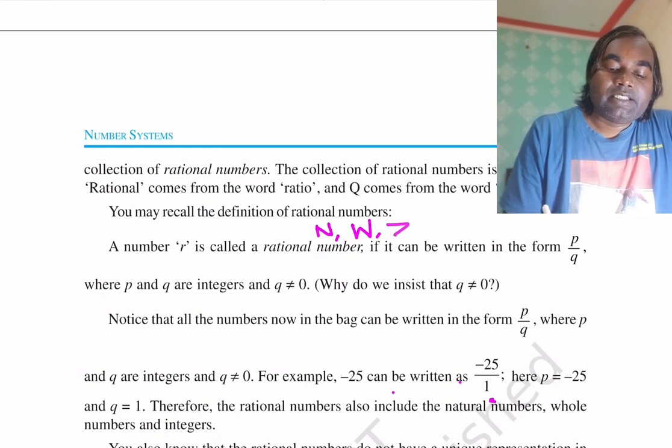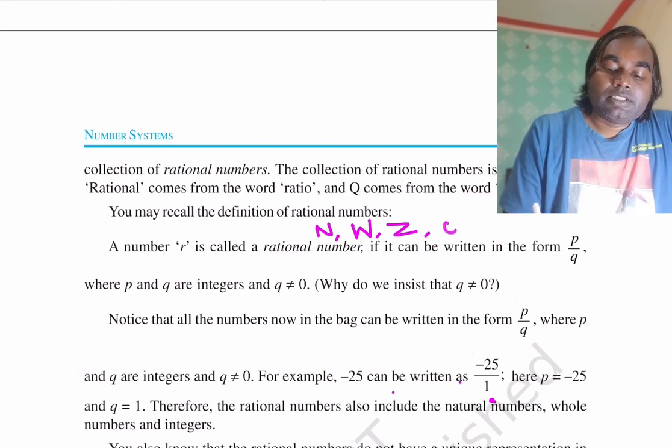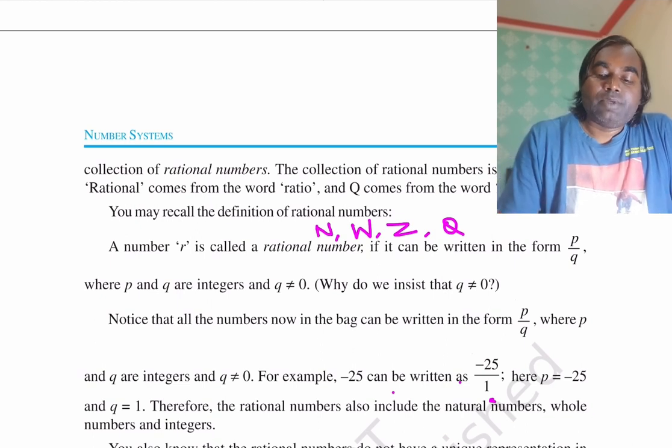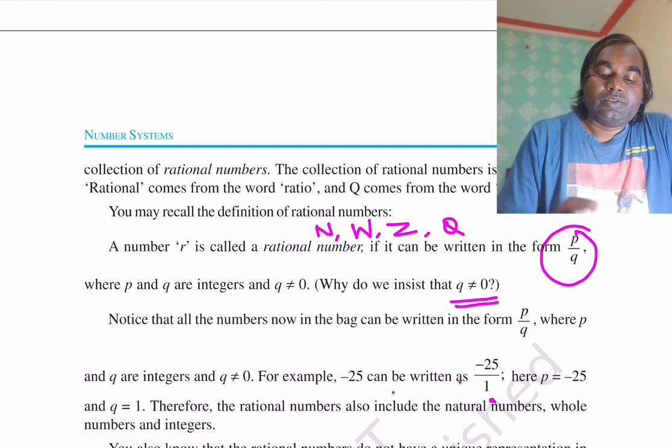For integers there was the symbol Z and for rational numbers it is Q. Rational numbers are those numbers that can be written in the form p by q, where q is not equal to 0.